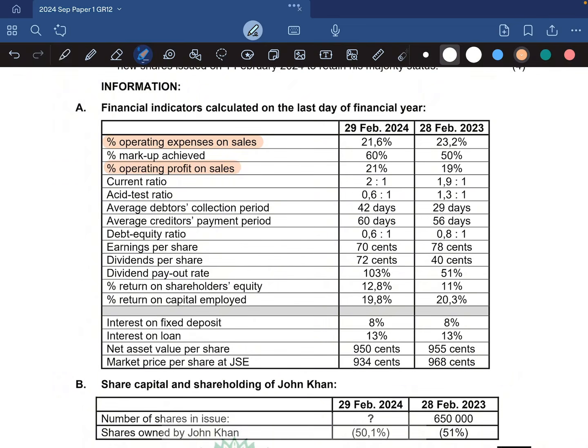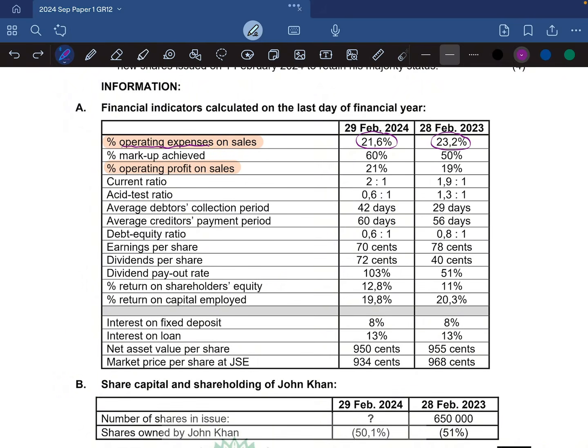Okay, now when we look at these numbers, we're going to look at the percentage operating expenses on sales first. In 2023, we had 23.32%, and in 2024 we had 21.6%. Okay, so this means that our operating expenses were only 21.6% of our sales.